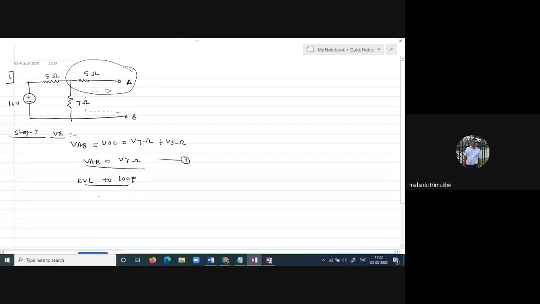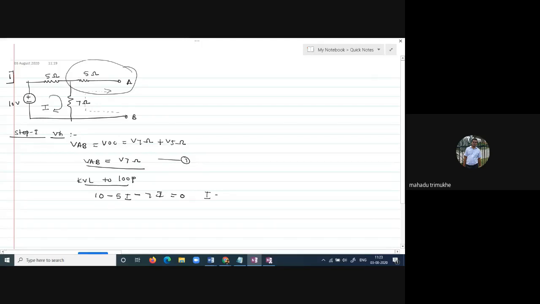Starting from the 10 volt source, minus the current I flowing through the 5 ohm resistor, that is 5I, minus 7I is equal to 0. Then you can easily find out what I is.